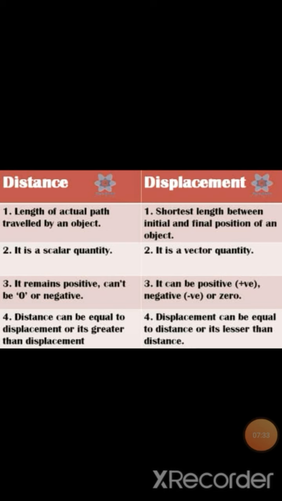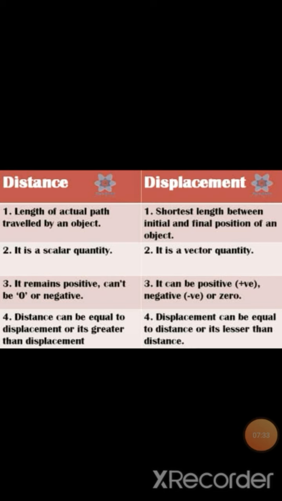The distance covered will be 2 plus 2, 4 kilometers. But displacement will be 0 because he returns back home. He travels plus 2 kilometers towards the shop and minus 2 kilometers to return home. So the total displacement is 0.